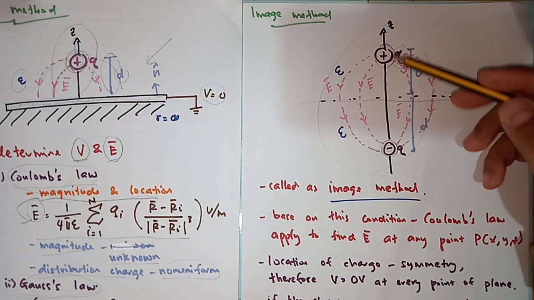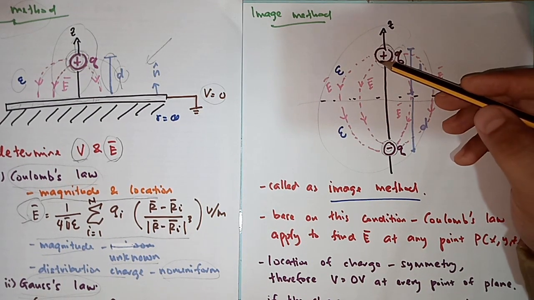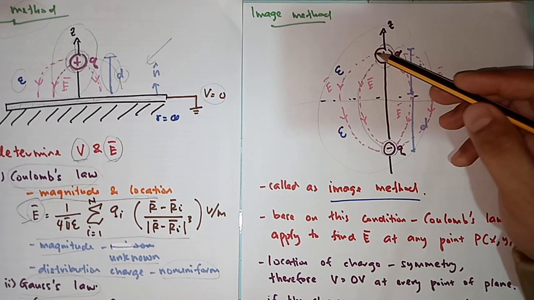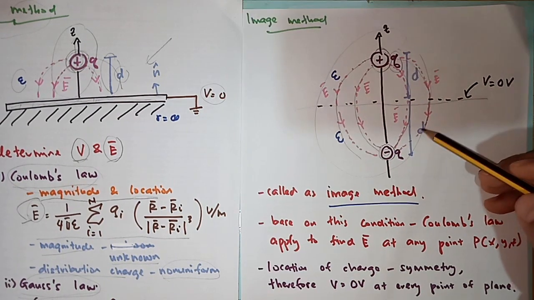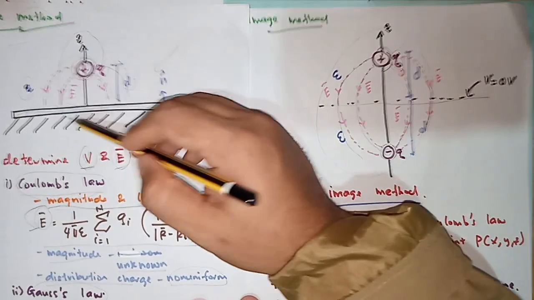Because we have two charges of different sign, almost the same direction of electric field will be developed, similar to what we have here.